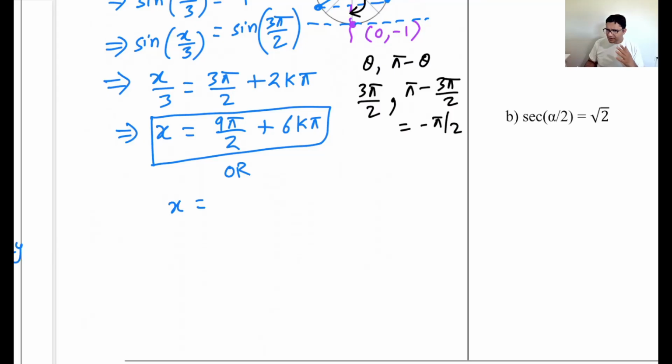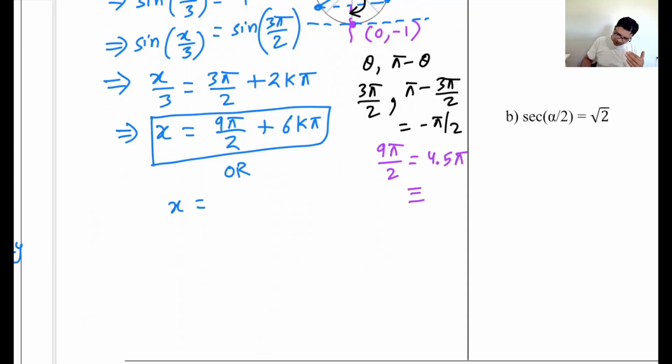Which is that 9 pi over 2 is like 4.5 pi. I will write it on the right side here. 9 pi over 2 is equivalent to 4.5 pi.